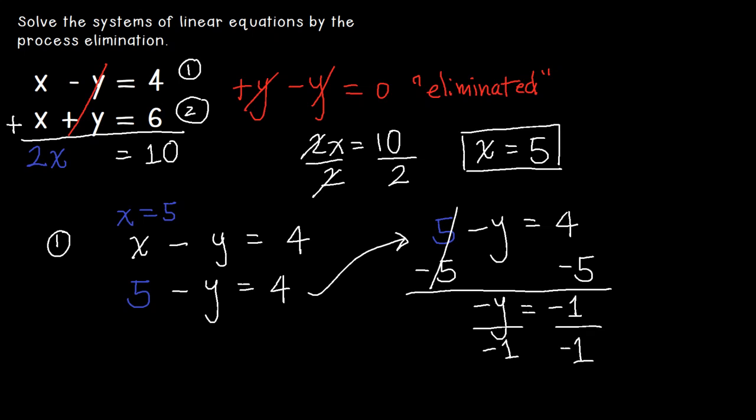Dividing both sides by negative 1 makes this into a positive number. So at the end, y will be equal to negative 1 divided by negative 1, which equals positive 1. Therefore, our two solutions here are x equals 5 and y equals 1, which we can also write as (5, 1).